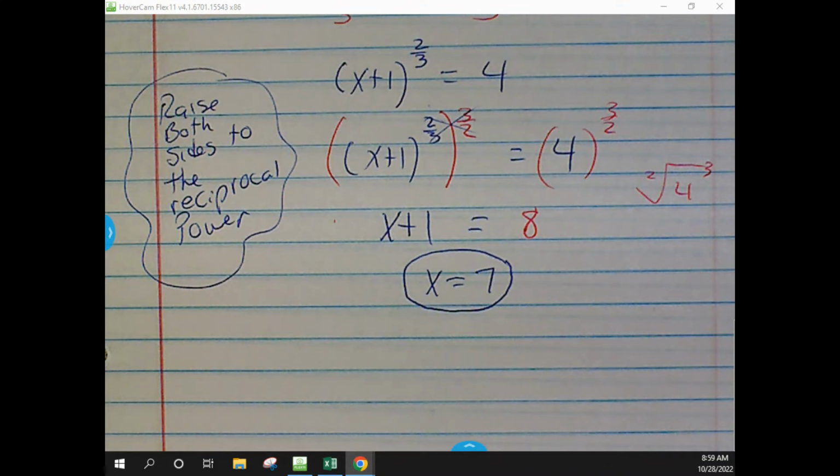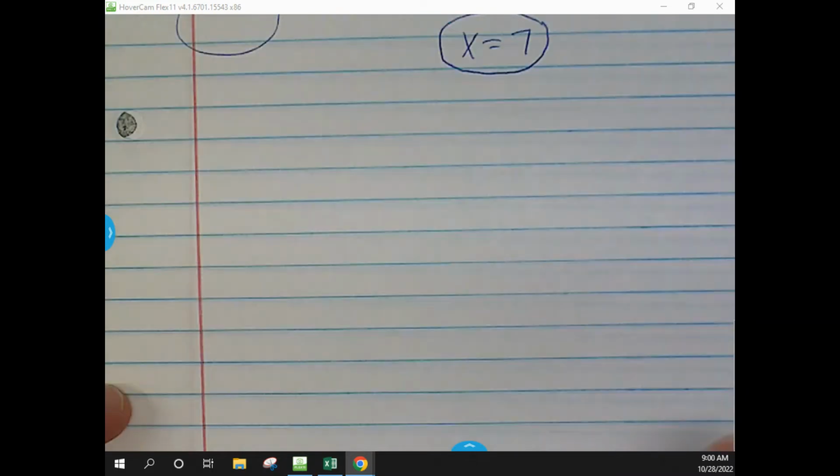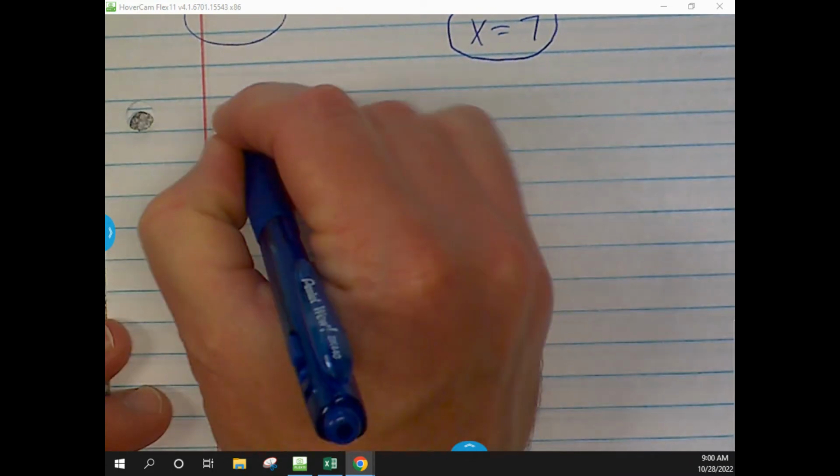Okay, so here's the big one of the day. This is where I need everybody paying attention because if everybody was good there, those are the basic samples that we've got. Here's where we're going to step it up a notch. So the big difference, here's what you're going to look for.